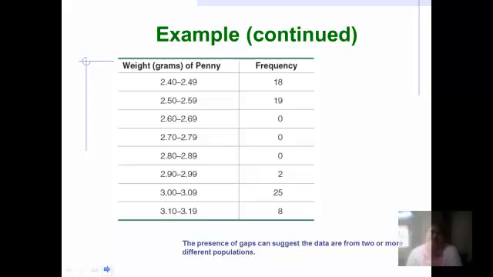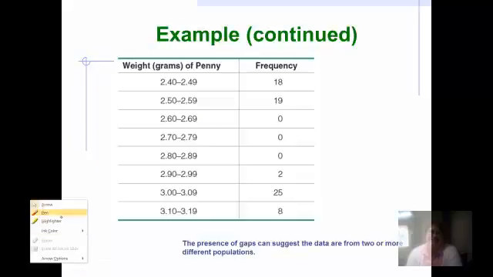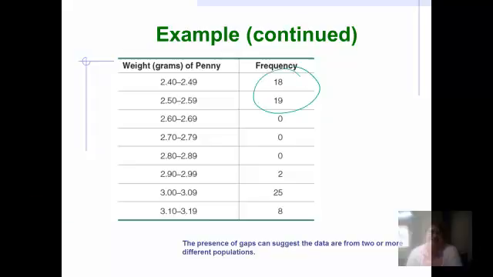But here we go. So let's look at this. So let's look at our frequencies and notice that we have 37 that are down here in the lower end of the weights.